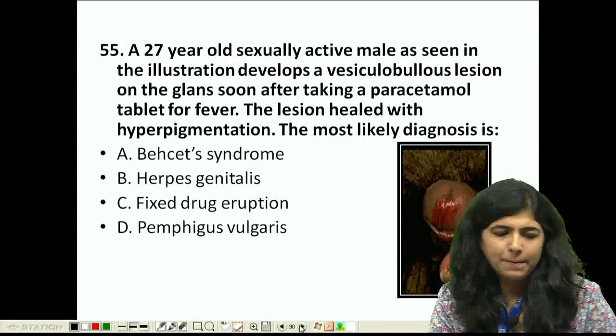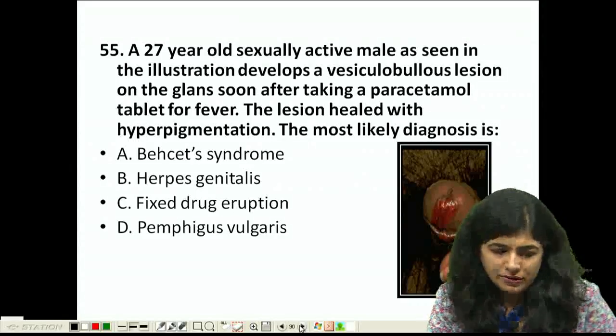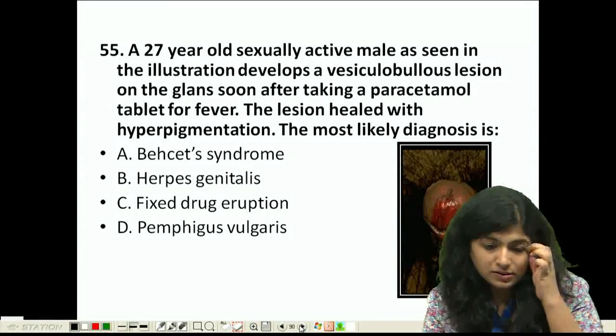Next question. Again a long one, image is given along with it. Read it, tell me what it is.